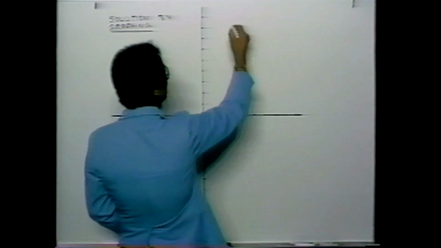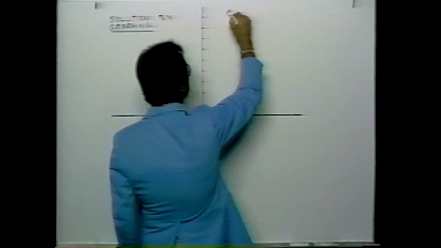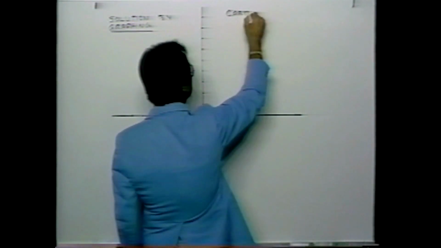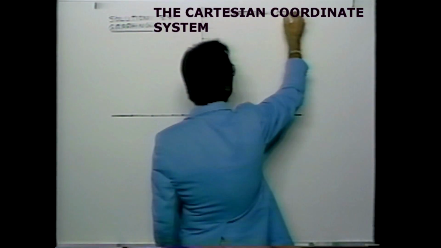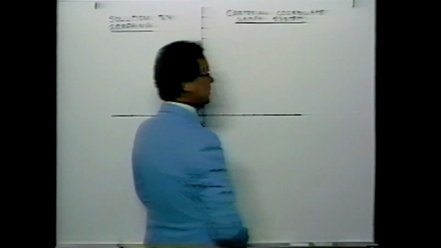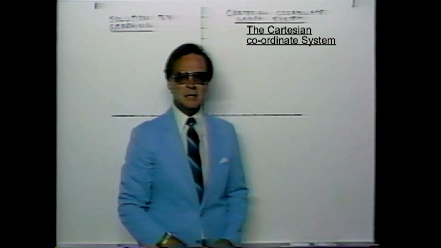Sometimes we refer to this system as the Cartesian plane, or simply the rectangular coordinate system, but it is more commonly referred to as the Cartesian coordinate, in honor of a French mathematician of the 17th century whose name was René Descartes.